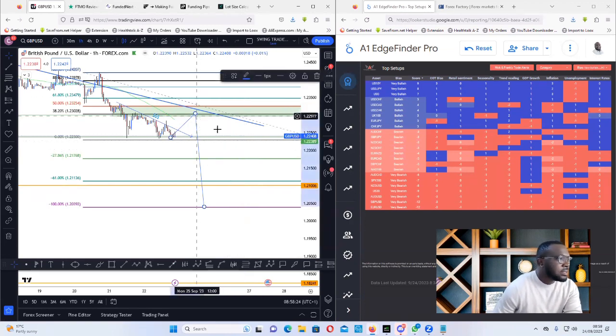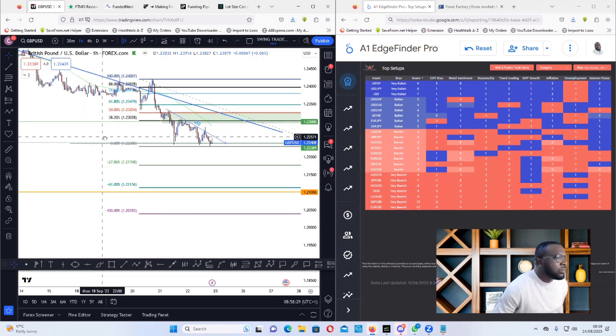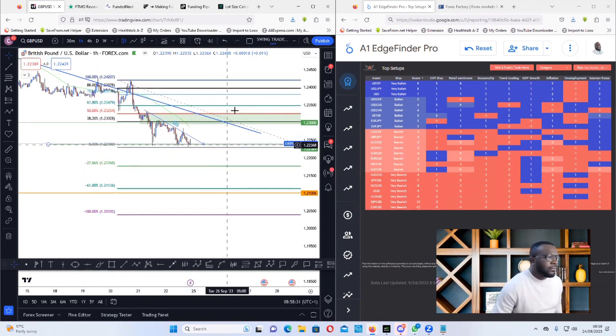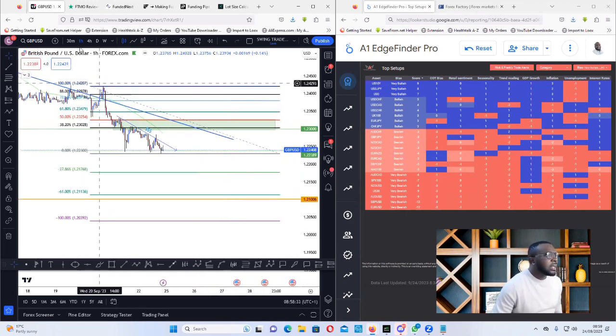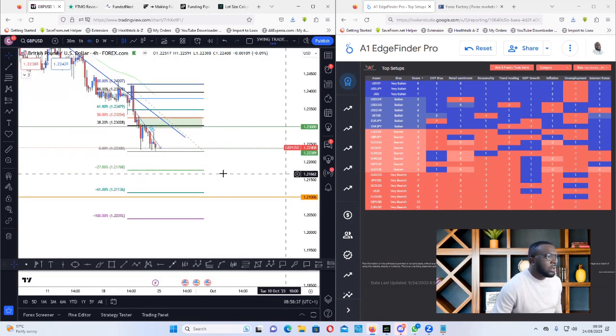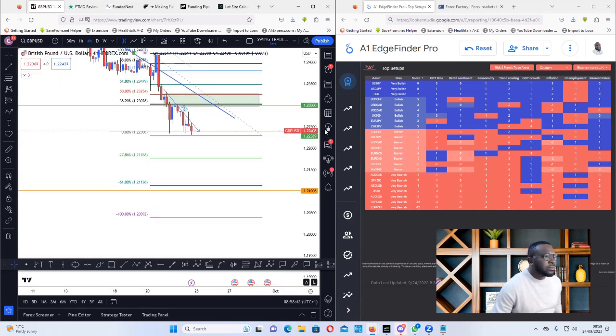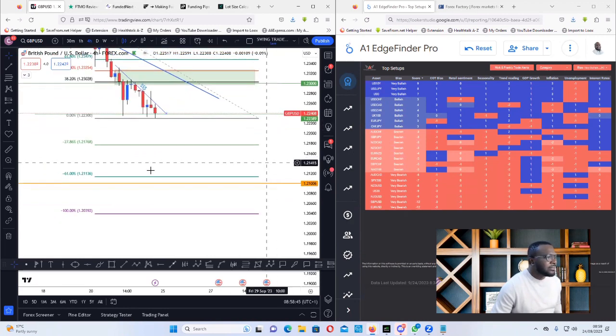Now this is just as simple as GU is, because it's straightforward. You should know where to get in, wait for a pullback, and then get your entries, as simple as it will be when the price shows that liquidity grab. If it takes this liquidity, then you should know that it's ready to go down. So that's what you'll be waiting for.